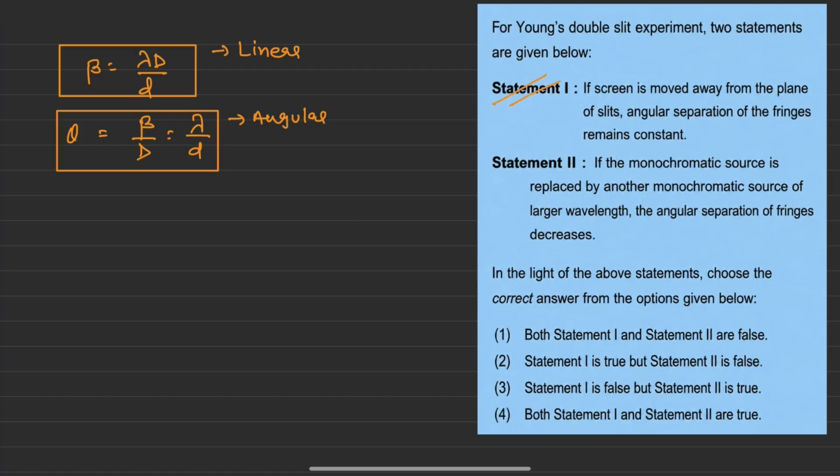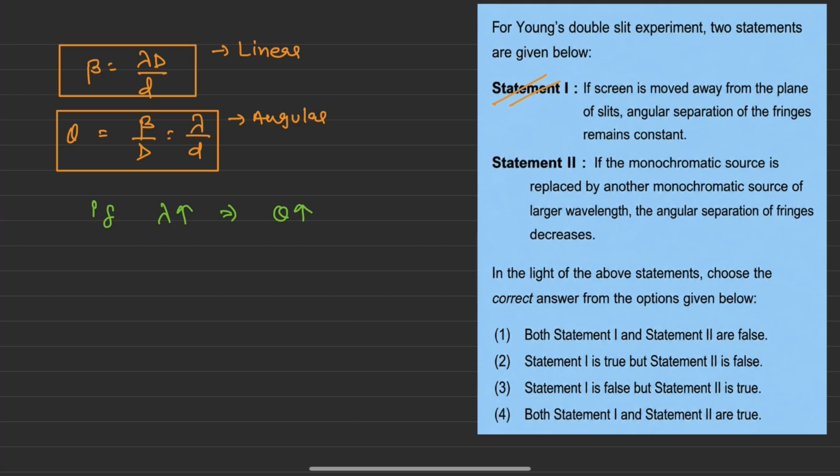Let us go to the second statement. If the monochromatic source is replaced by another monochromatic source of larger wavelength, then angular separation of the fringes decreases. No. When you see this particular part, angular separation is directly proportional to lambda. So if lambda increases, theta value will also increase.